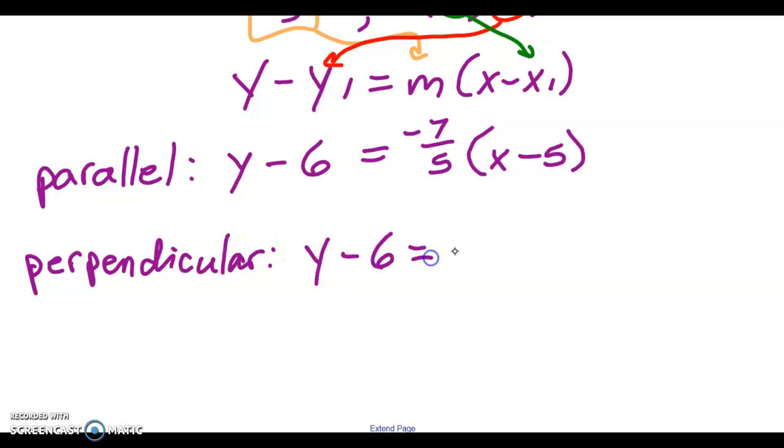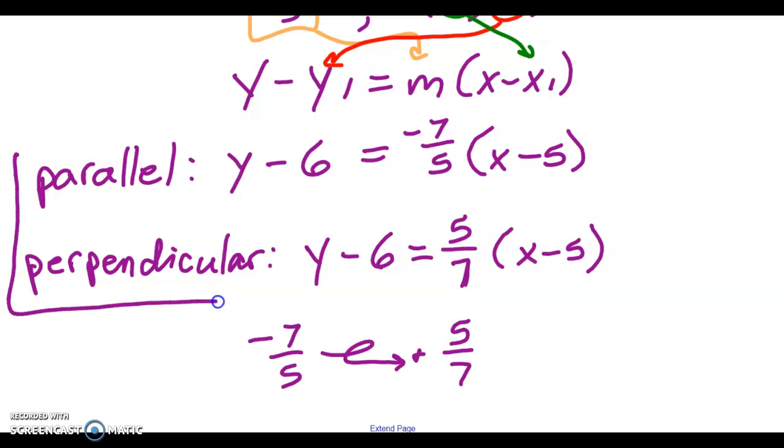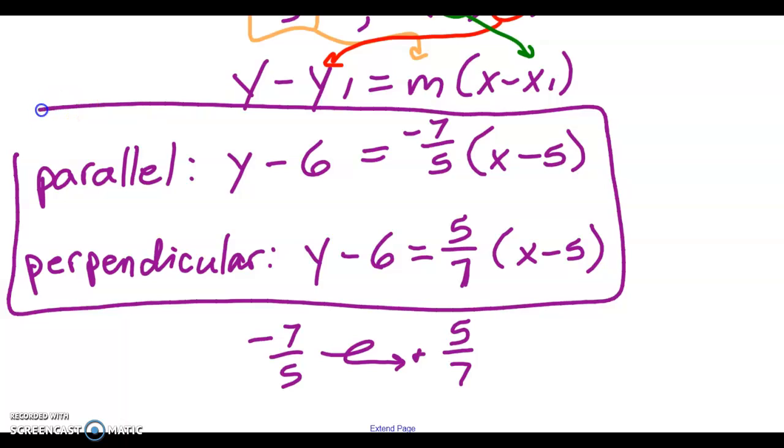So it's still y minus 6, and it's still x minus 5 in the parentheses. But for perpendicular slopes, negative 7 over 5 flips and turns positive. So it's going to be a positive 5 over 7. We just don't write that plus symbol unless we're actually adding it. And that is all you're doing for these couple of questions.